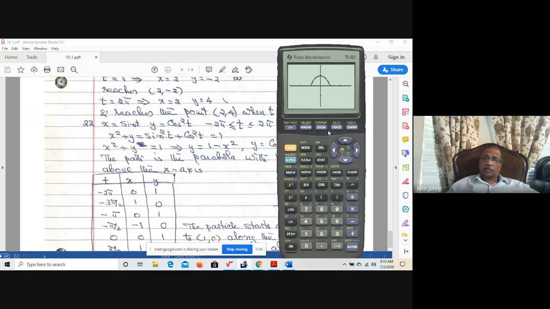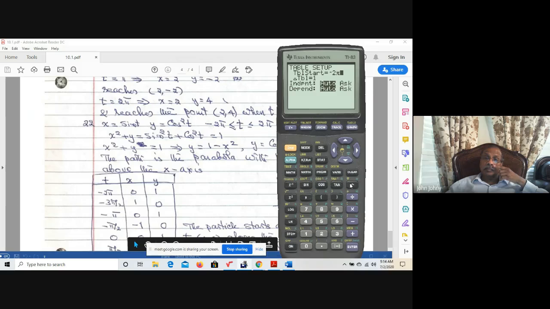So that is the graph, and if you want to see this table, first you table set, start with negative 2 pi, and delta means pi over 2. Okay, now you graph. Now if you want to see the table, look at the second table.